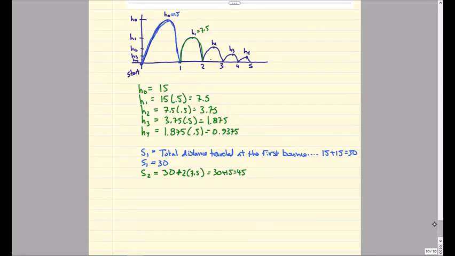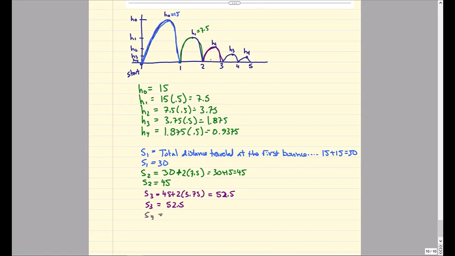So S sub 2 equals 45. So S sub 3 would be 45 plus 2 times, because I'm going up and then down the same distance, 2 times 3.75. So I'd have 45 plus 2 times 3.75, which would be 52.5. So S sub 3 is equal to 52.5.